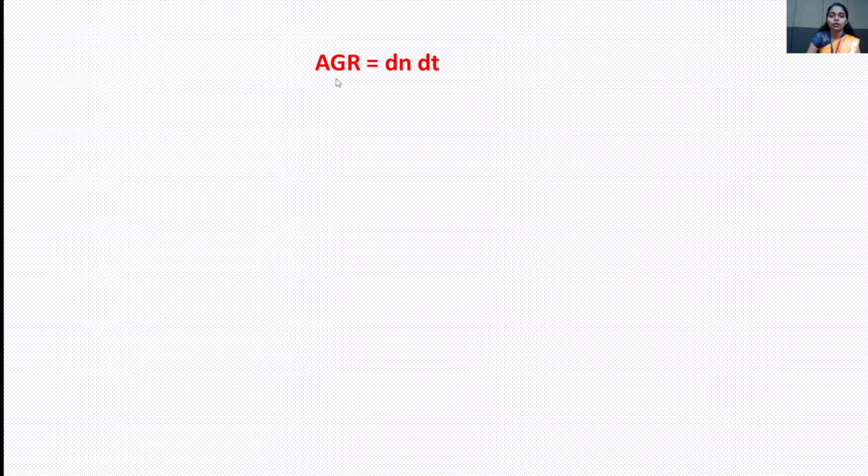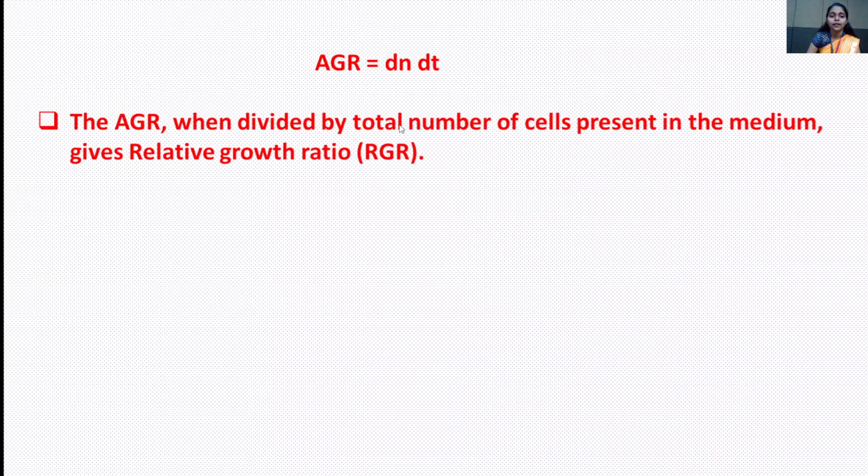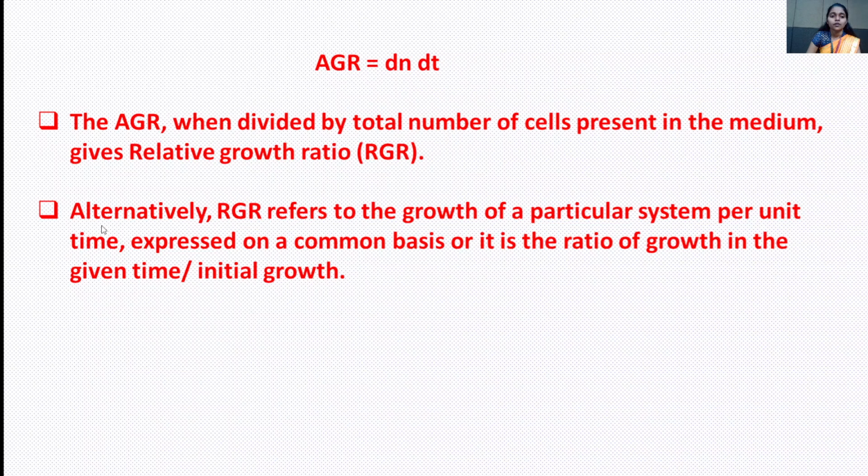AGR, absolute growth rate, is equal to dN/dt. When AGR is divided by the total number of cells present in the medium, it gives the relative growth rate, RGR. Alternatively, RGR refers to the growth of a particular system per unit time expressed on a common basis, or it is the ratio of growth in the given time to the initial growth.